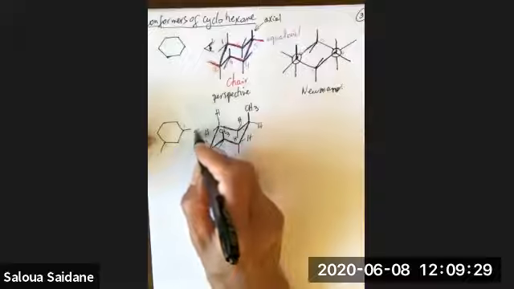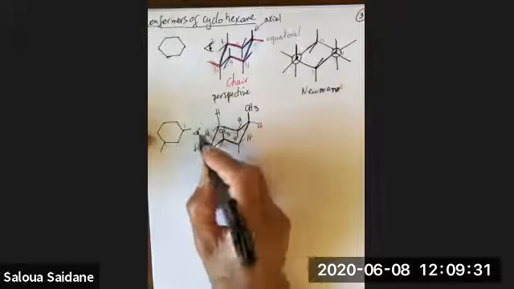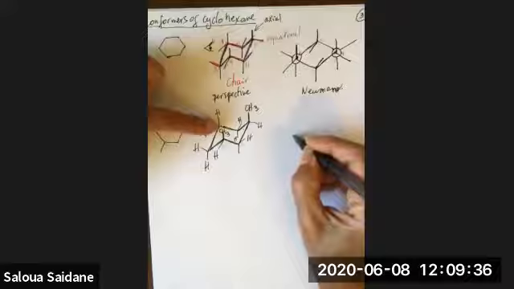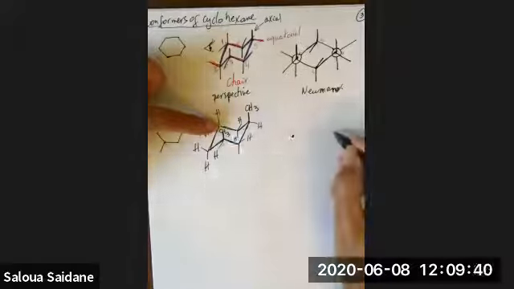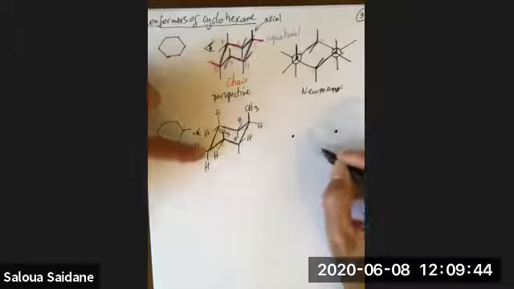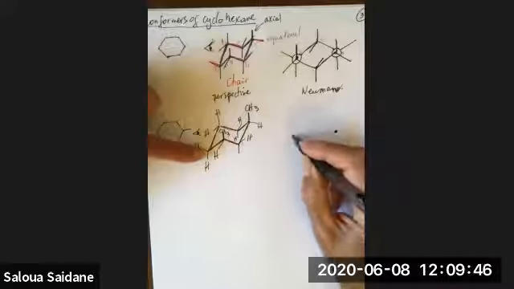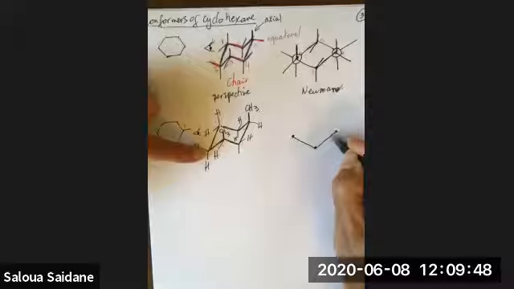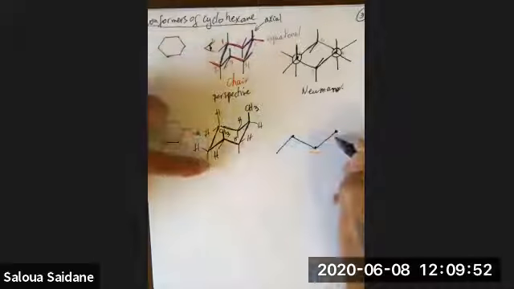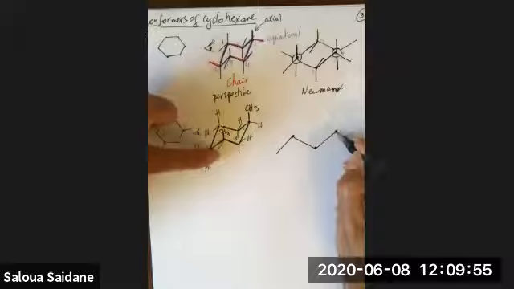Now, if we look again through the perspective, the Newman projection, I have this carbon right there, this one in front of me, attached to this one in front of, I'm sorry, this is also at the same level, but it's attached to one at the bottom. So we have these. You start to see that this hydrogen is away, and this one is also away.